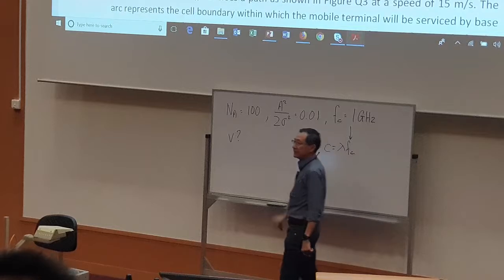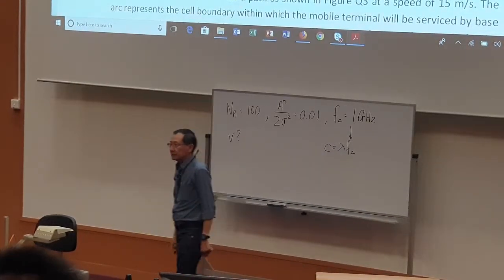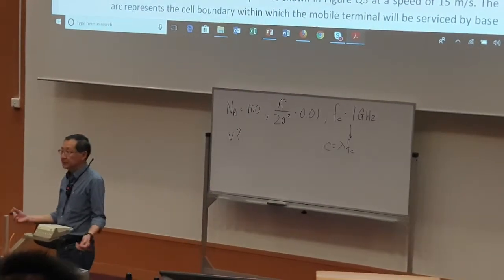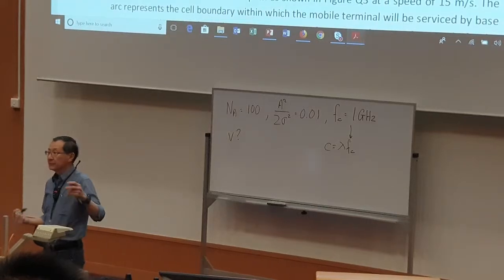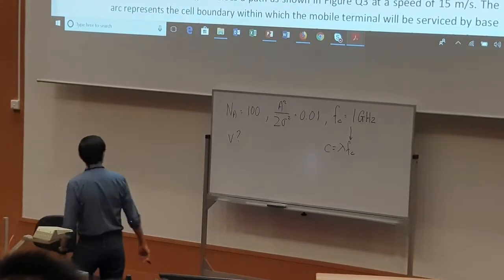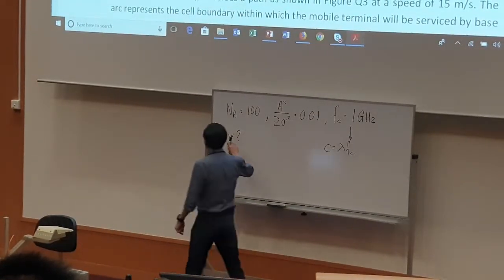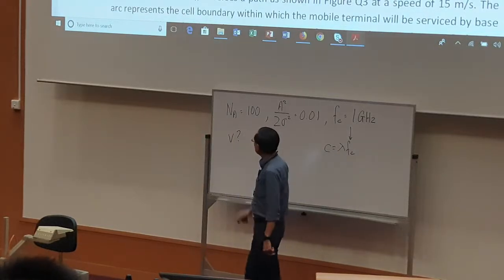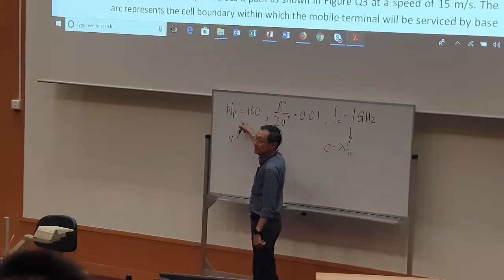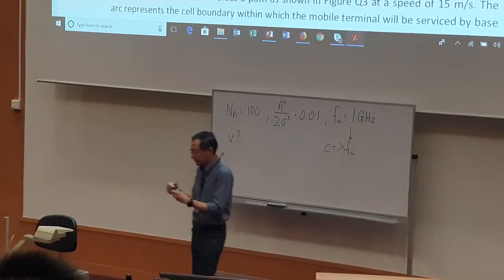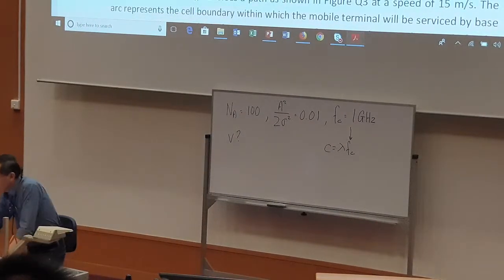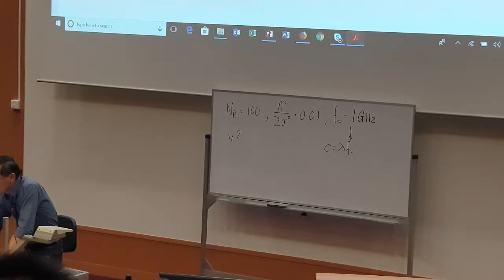FD is related to V and lambda. So you can find FD. After you find FD, you can find V. Use the formula for this. From this formula, you can find FD, if you recall the previous answer.